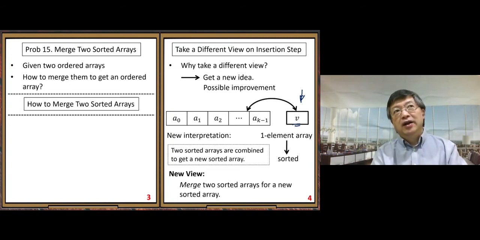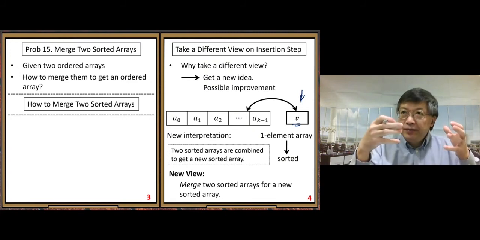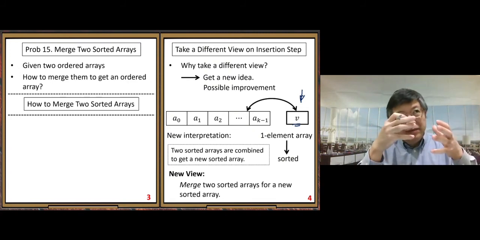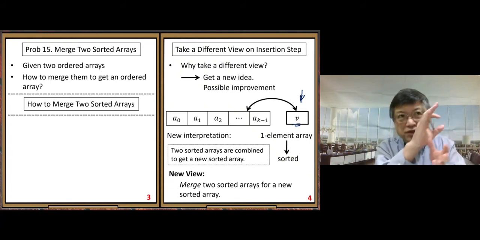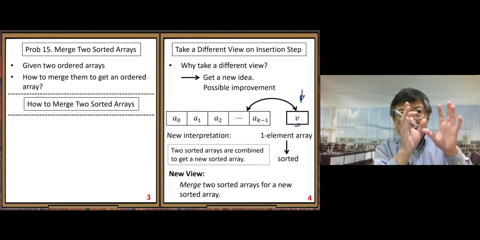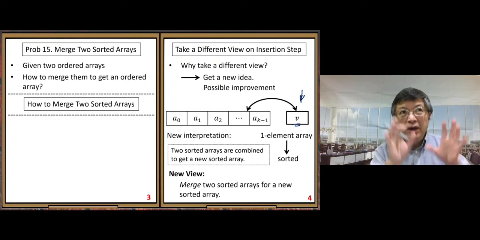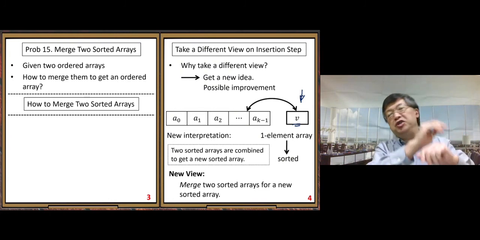Now, although it is different from the insertion step, you can see they are correlated. So we can borrow the insertion step to implement our merge step.